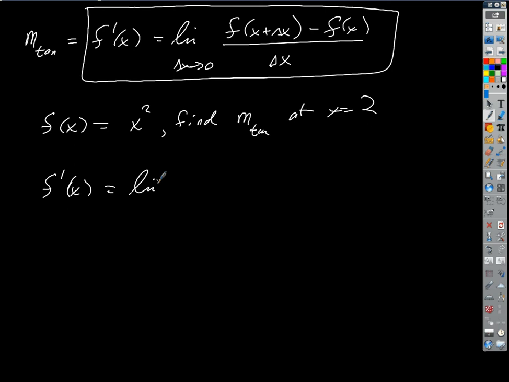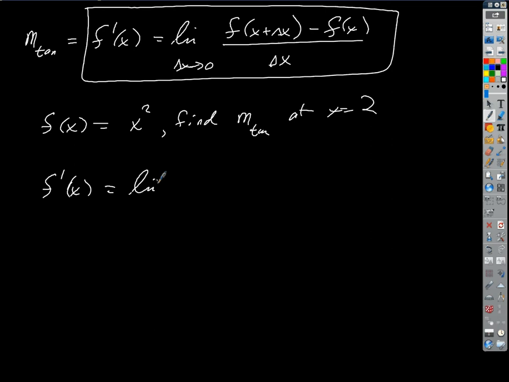So if f of x is x squared, what's f of 4? 16. How'd you get that? 4 squared, right? What's f of a? A squared. What's f of h? Okay, good. So what's f of x plus delta x? X plus delta x quantity squared, right?